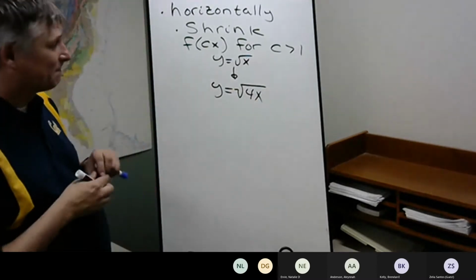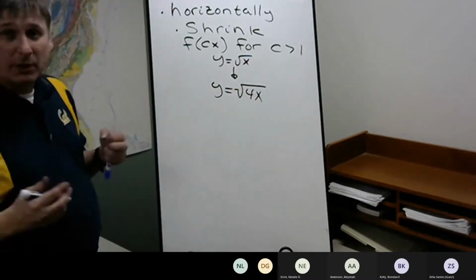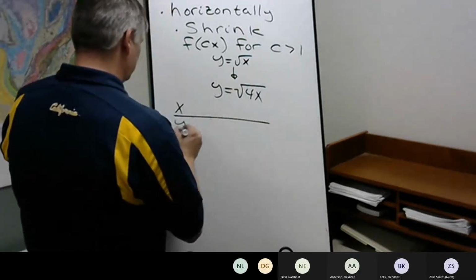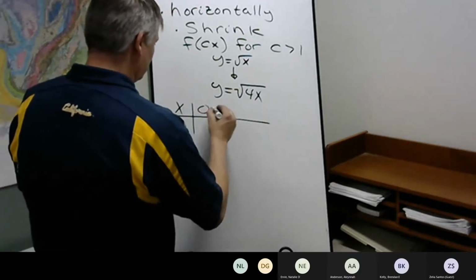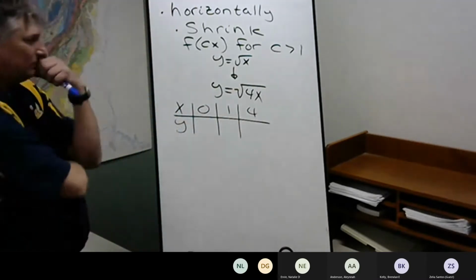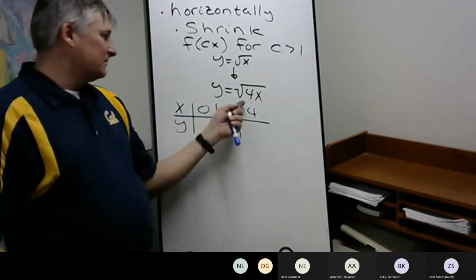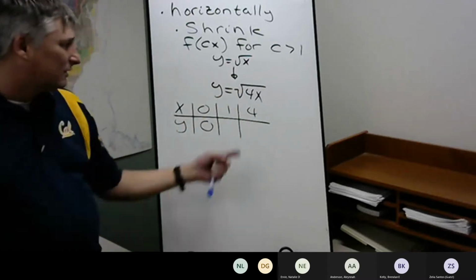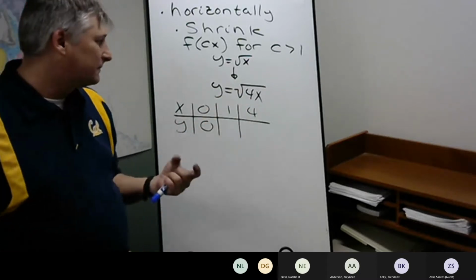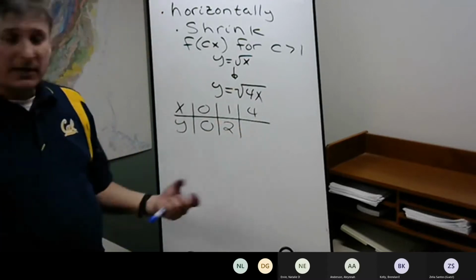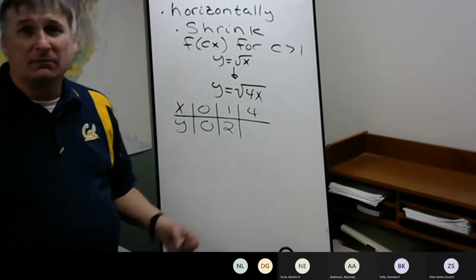That's square root of 4x. So xy chart. 0 times 4 is 0, square root of 0, 0. 1 times 4 is 4, square root of 4 is 2. 4 times 4 is 16, square root of 16 is 4.